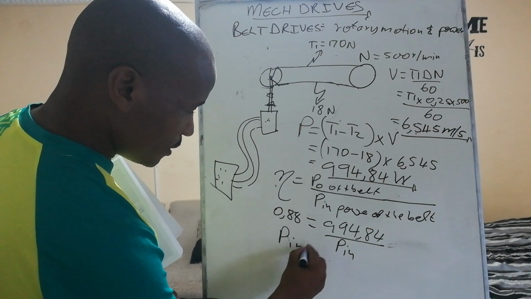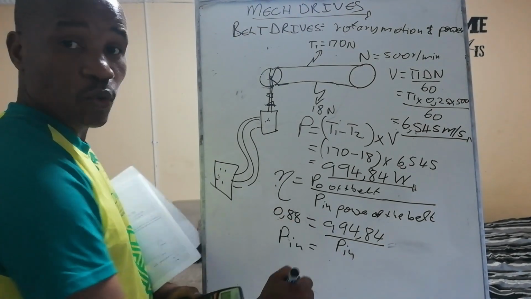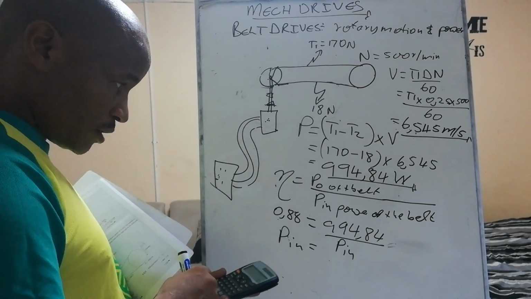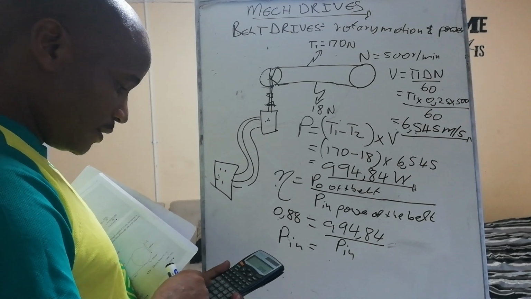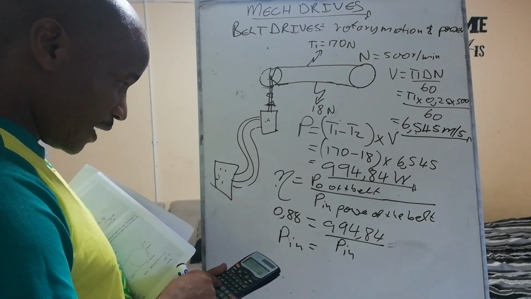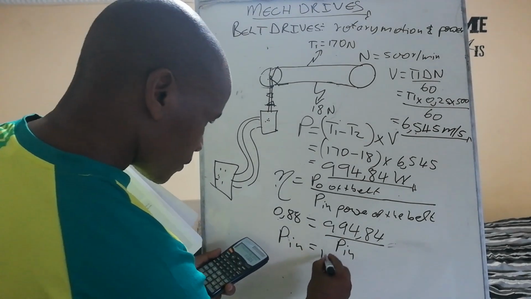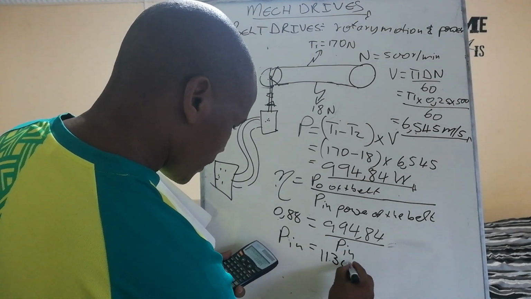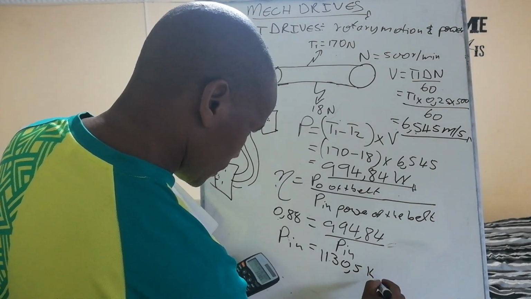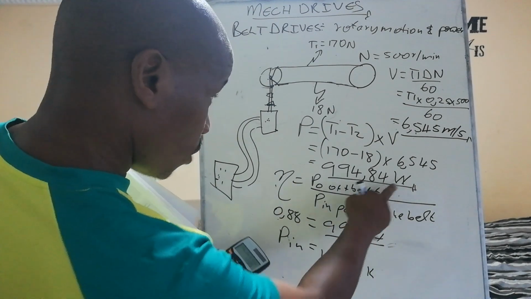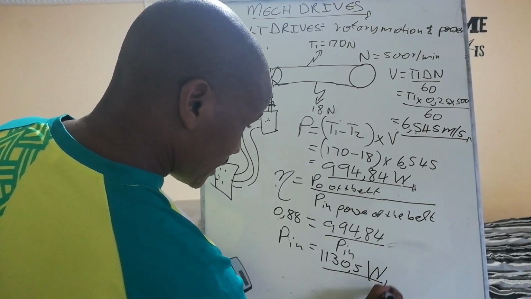Therefore, P in is equal to, you just make P in the subject of the formula. We have cross multiplied. There is 1 there. So it's equal to 994,84 divided by 0.88. And it's equal to 1130,5 watts. Kilowatts. No, watts rather. Sorry. Watts.